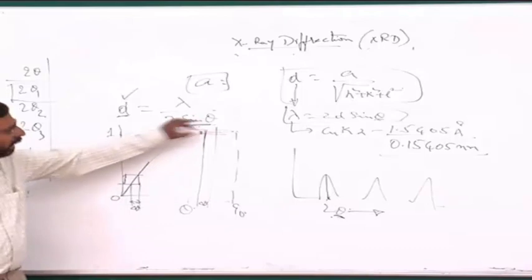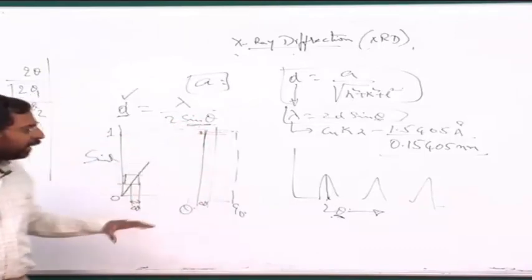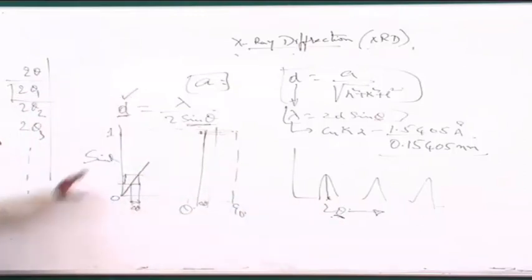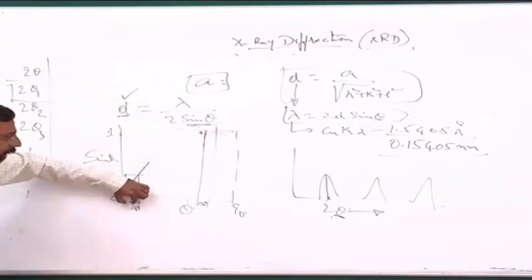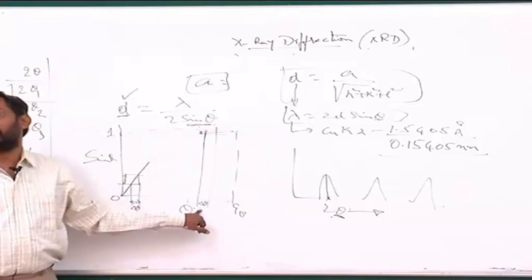So the error in sine theta is not linearly related to the error in theta. At lower angles, the error in sine theta is more for a given error in theta, whereas at higher angles, this is not the case.